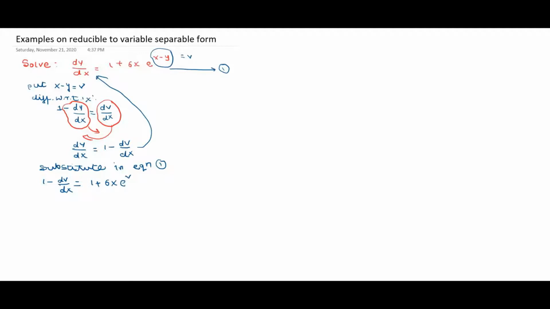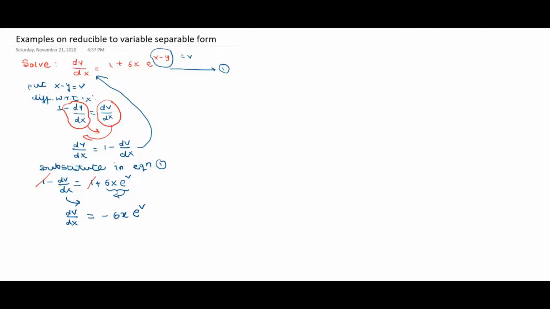Now this 1 and 1 both the sides get cancelled. So write down the remaining terms, or transpose this minus dv by dx to the right hand side, so that you will get plus dv by dx, and transpose this 6x e raised to v to the left hand side, you will get minus 6x into e raised to v.